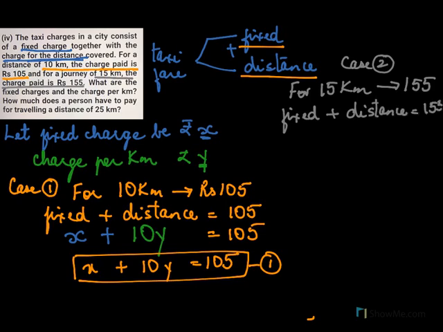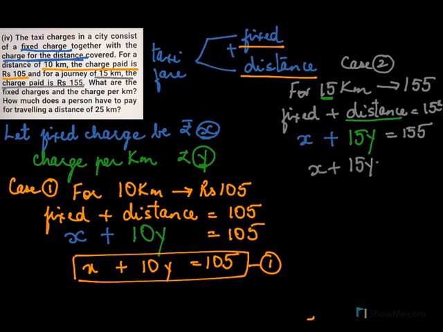Now we know the fixed charge is always X. So X plus the distance. He is traveling 15 kilometers, and per kilometer he is paying Y. So for the distance he has to pay 15Y, which is equal to 155. So we have the equation X plus 15Y equal to 155. This is equation 2.